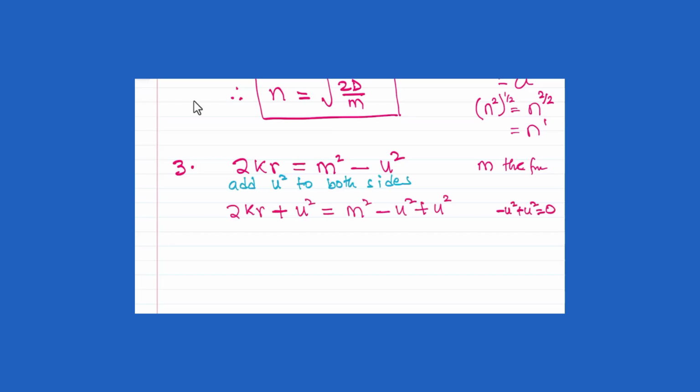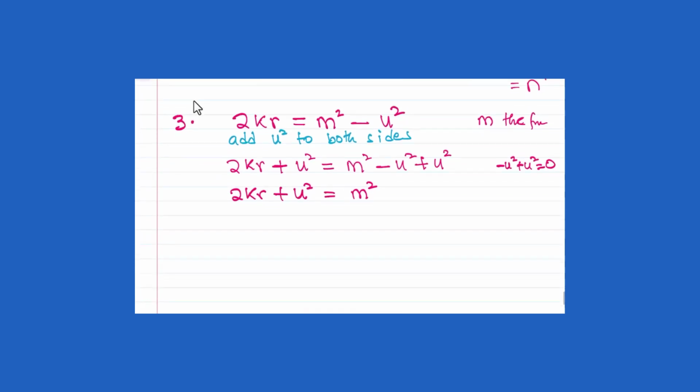As you can see here, we have u squared, and we are going to add it to both sides so that we can eliminate it from the right hand side. So now we have 2kr plus u squared equals m squared. Remember, from your understanding of signed integers, minus u squared plus u squared will give us 0.